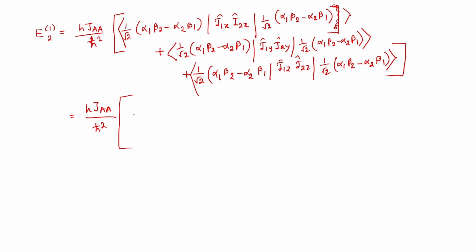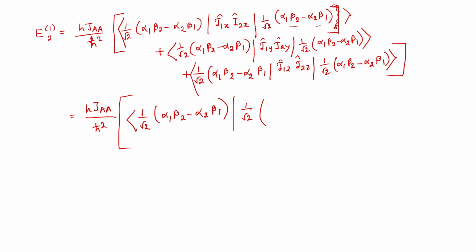Now let us see what we are going to get for the first term. Alpha 1 beta 2 minus alpha 2 beta 1. Now I1x is going to work on both of these. Let us see what we are going to get. So I1x, both of these means both these terms, this and this, but only on each part.